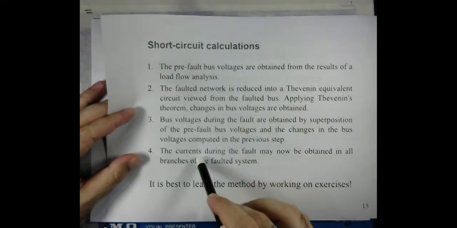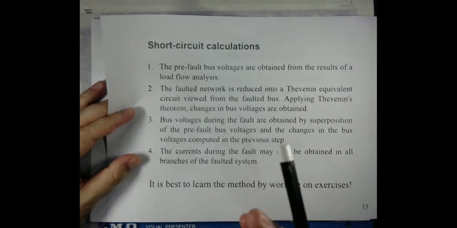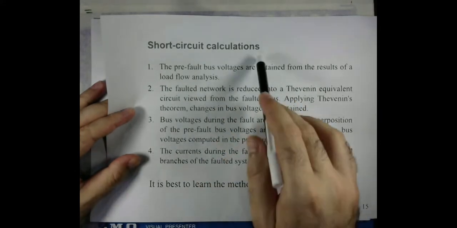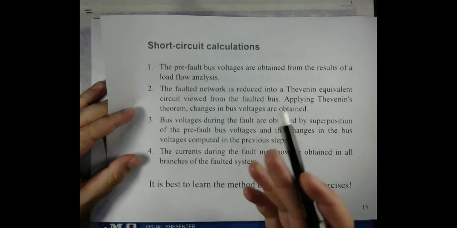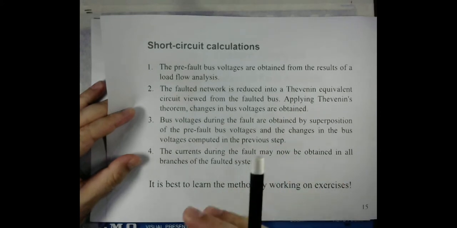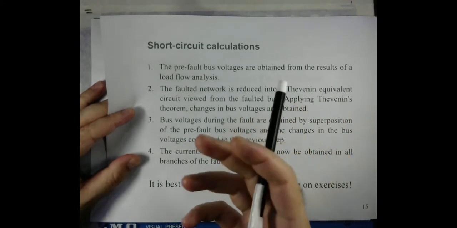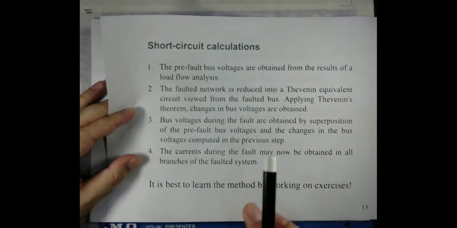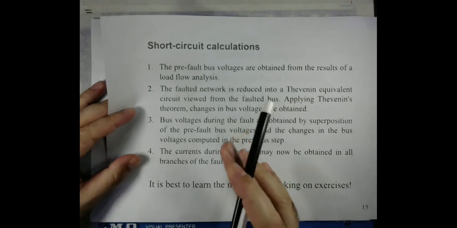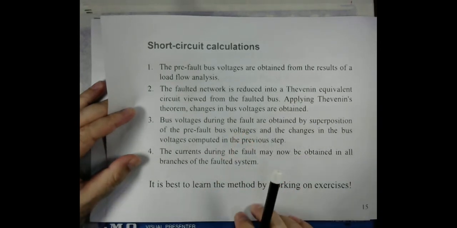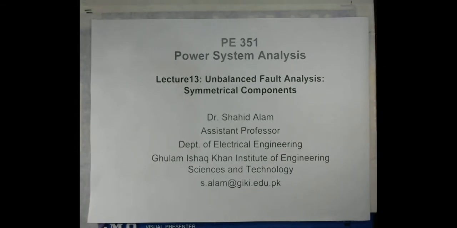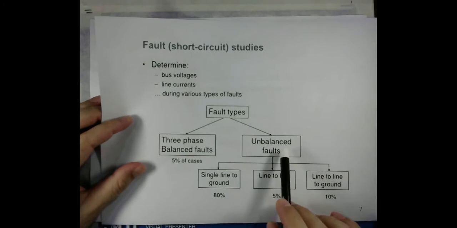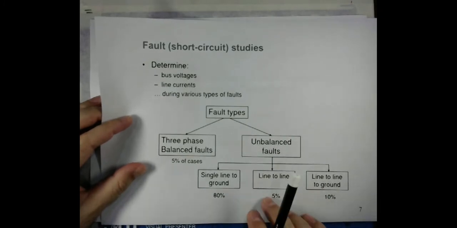So these are the steps involved whenever a network is exposed to a balanced type of fault. These steps need to be carried out to examine the parameters, that is the bus voltages and the currents flowing during the fault. So we talked about the balanced faults, and today we will start our discussion with the unbalanced faults.